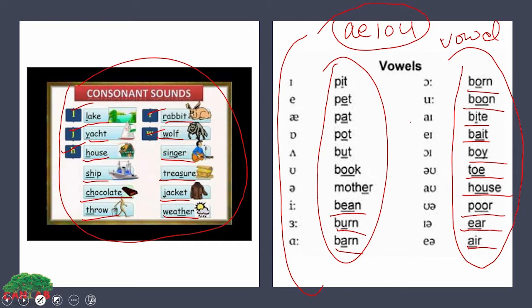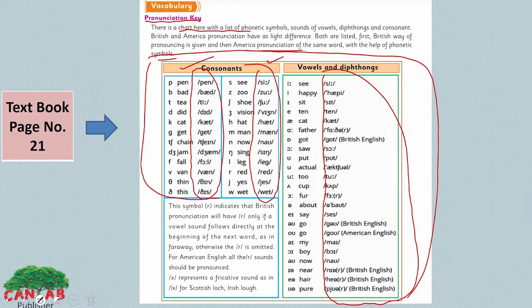These are all the vowel sounds here. Consonant sounds have their own phonetic symbols, and the diphthongs and the vowel sounds have their own phonetic symbols.